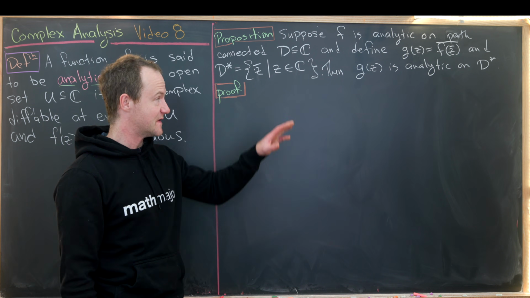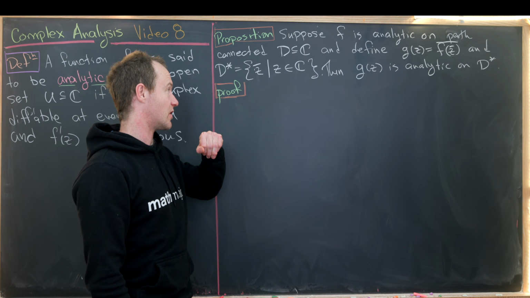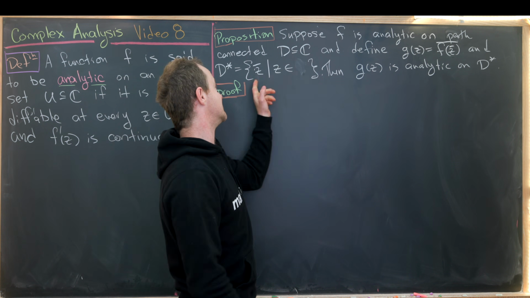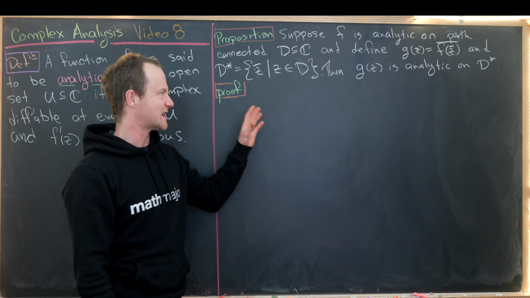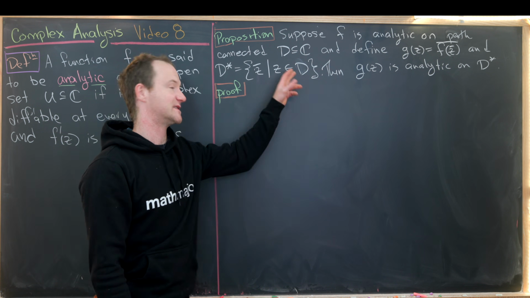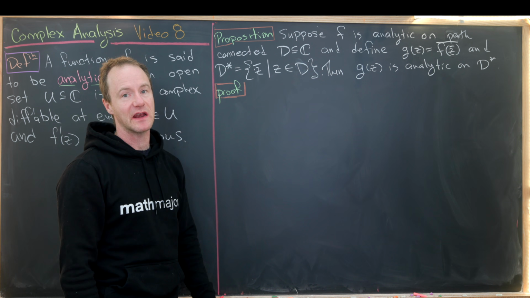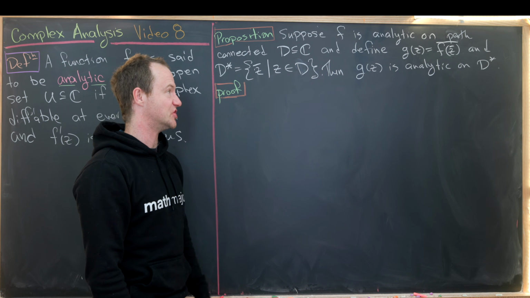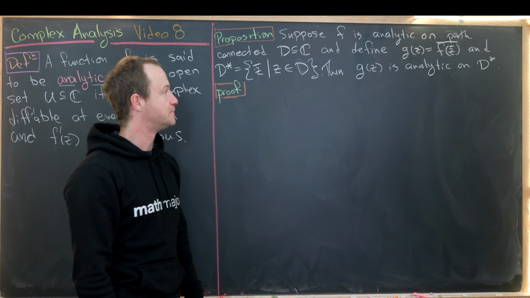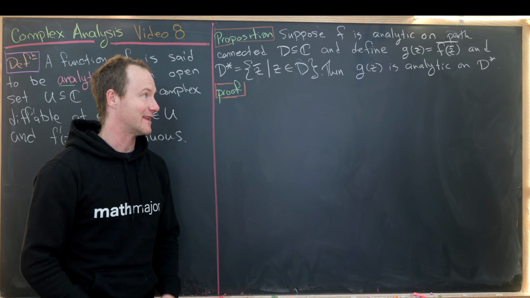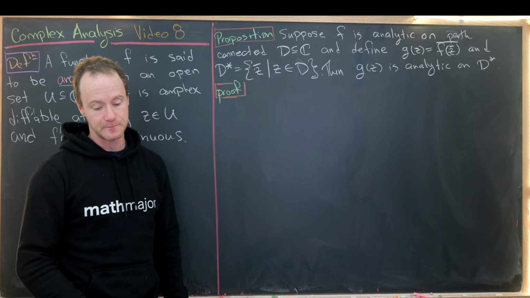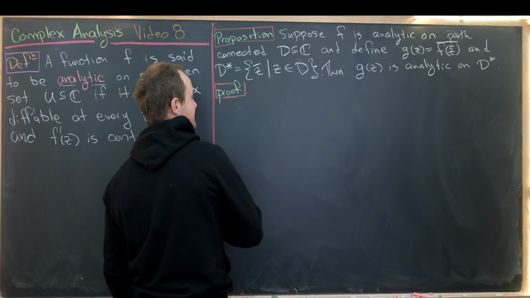Then we'll define D star to be all z bar, where z comes from D. So this is actually a reflection of the set D, which relates to the geometry of z bar that we looked at at the beginning of the class. Then the result is that g of z is analytic on D star. Okay, so let's see how this goes.